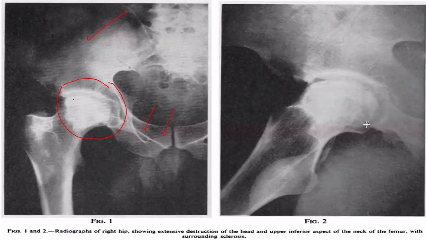This is your femoral head, femoral neck, greater tuberosity, lesser tuberosity of the femur. So you have here your hip joint space. Look at this, very, very wide. That means there's an osteonecrosis that happened. This one is also sclerotic. You also have osteonecrosis here.